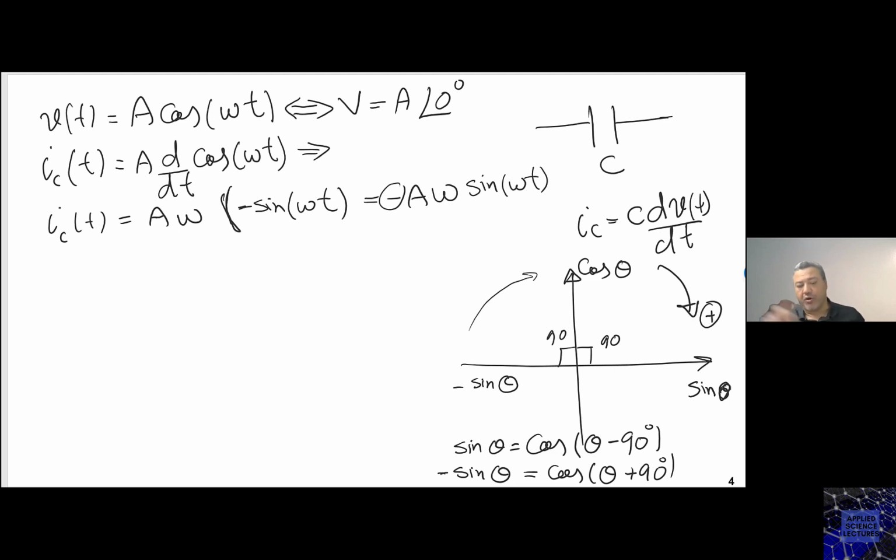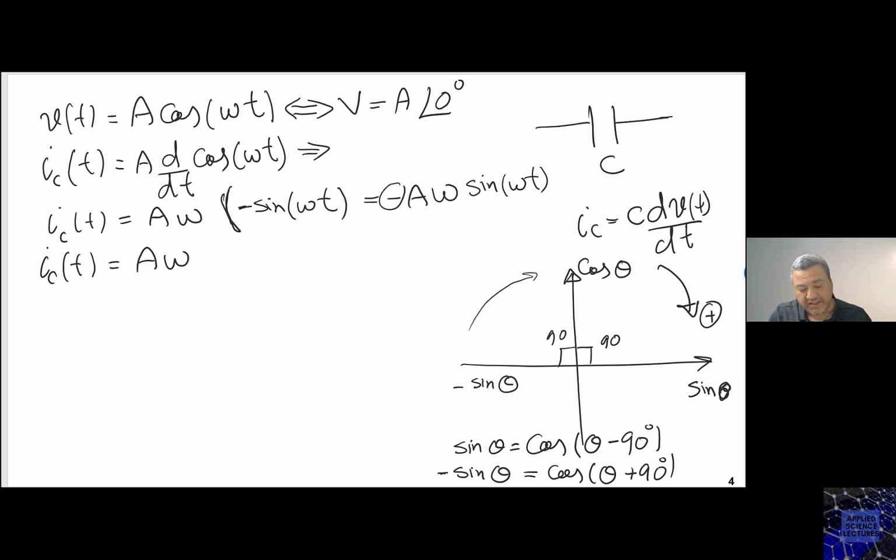So it depends on the direction of motion. You'll be either adding or subtracting. So going from minus sine theta into cosine, basically you have to add 90 degrees to the phase in order to get a positive cosine. So in this case, I_C(t) becomes a omega.